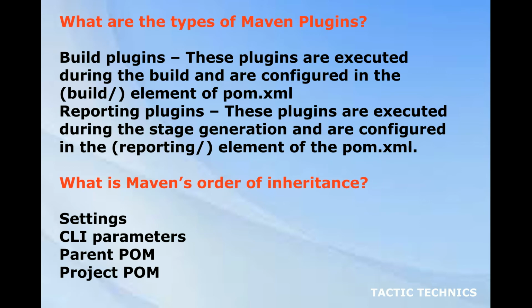What are the types of Maven plugins? Build plugins. These plugins are executed during the build and are configured in the build element of pom.xml. Reporting plugins. These plugins are executed during the site generation and are configured in the reporting element of the pom.xml. What is Maven's order of inheritance?